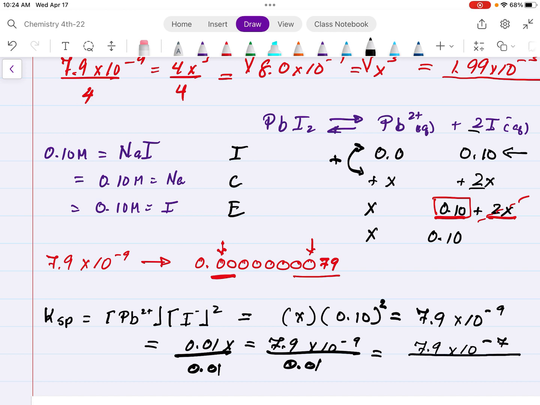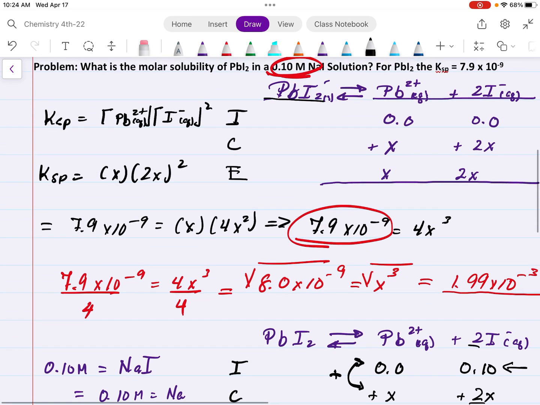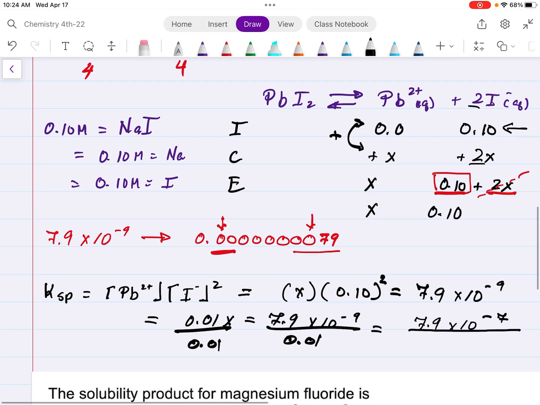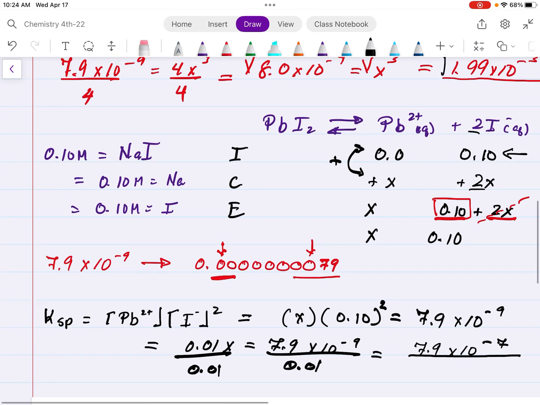Now, this is what's happened to the solubility compared to not adding more of the common ion. So let's take a look at our original calculation. Okay? We were here. In pure water, we ended up at 1.99 times 10 to the negative 3 compared to 7.9 times 10 to the negative 7.